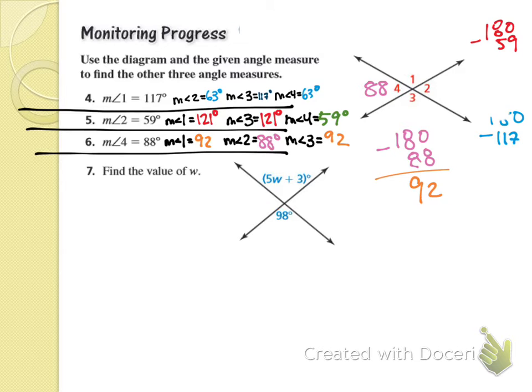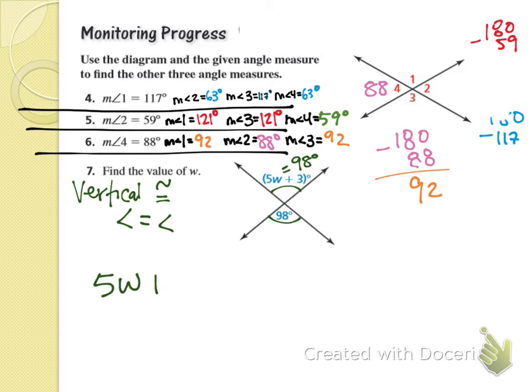Okay. Number 7 says find the value of W. What relationship do these 2 angles have? They are vertical, which means that they are congruent. So if they're congruent, we're going to take an angle and set it equal to an angle. Because if this is 98 degrees, the vertical angle is also equal to 98 degrees. So 5W plus 3 equals 98.